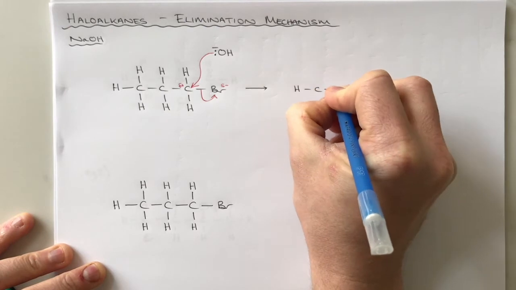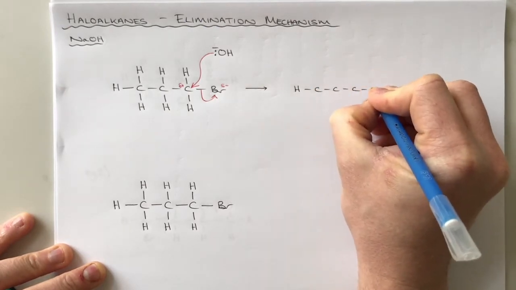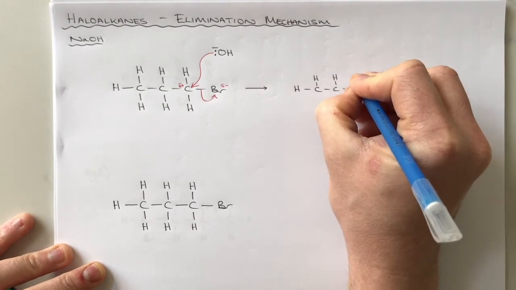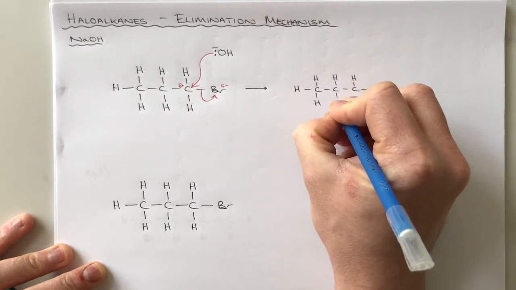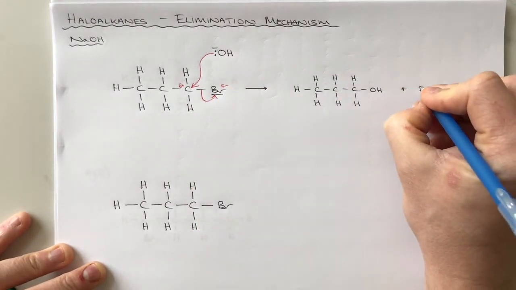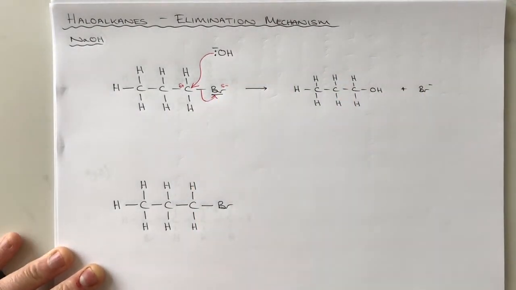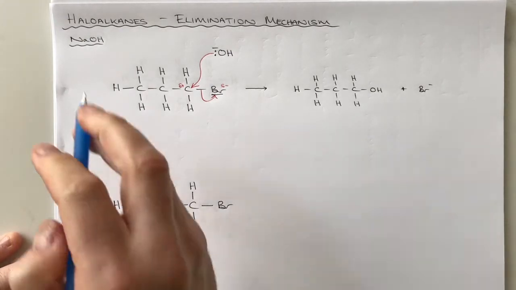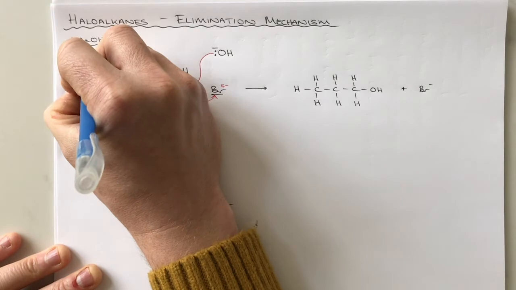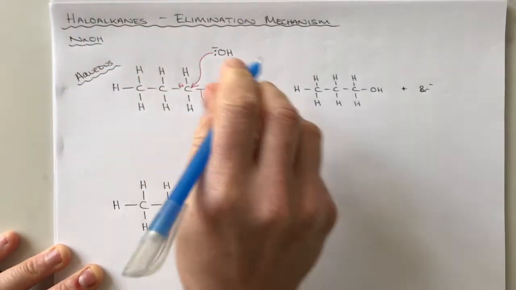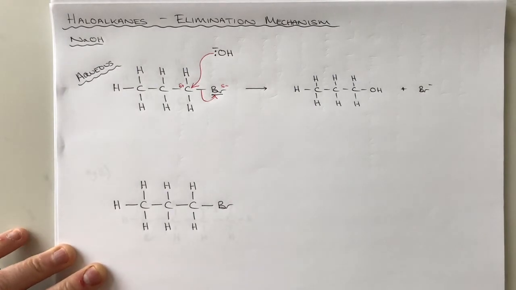So in nucleophilic substitution, our haloalkane turns into an alcohol, and our byproduct is the bromide ion, which is kicked off. In that mechanism, the reaction conditions are aqueous, so that reaction has to take place dissolved in water.